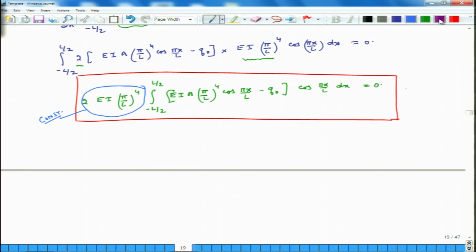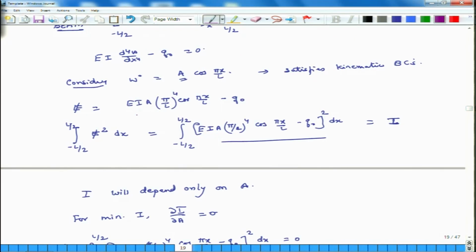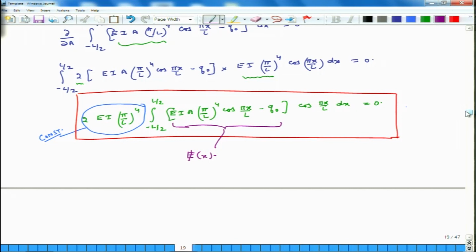The second term you look at is nothing but the error, which is a function of x. Remember, this is exactly the same term as this thing. So this is the error.